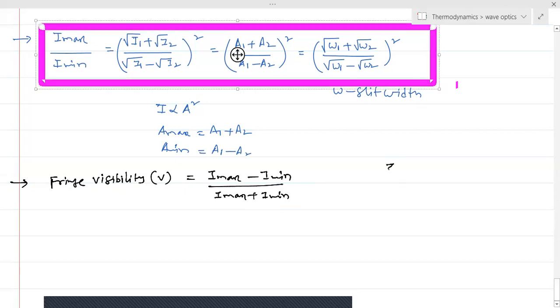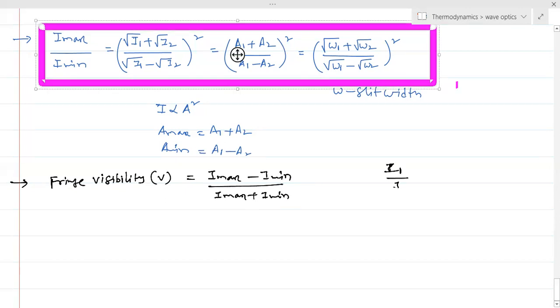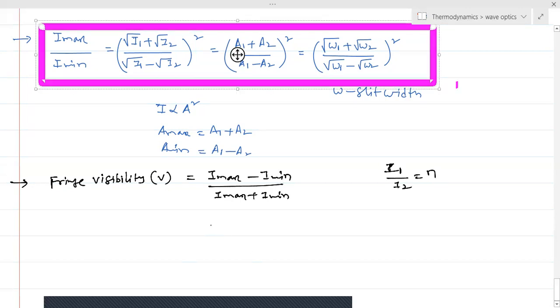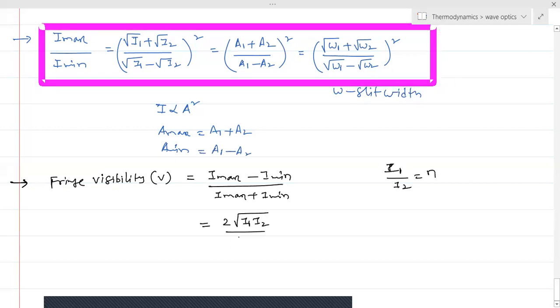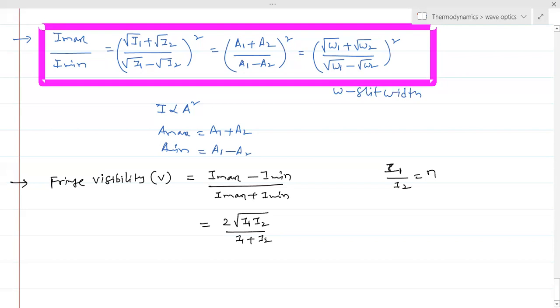If it is given that the ratio between the intensities I1 by I2 is equivalent to n, then by substituting here we will get 2 into root of I1 I2 by I1 plus I2, or we will have 2 into root of n by n plus 1. So this is very important.